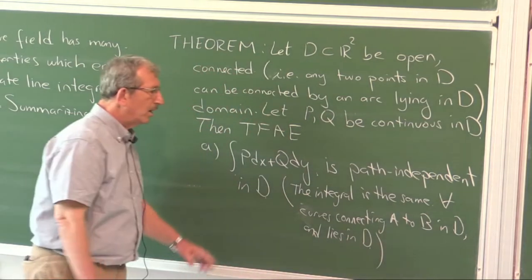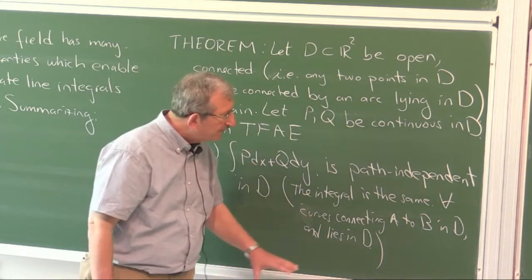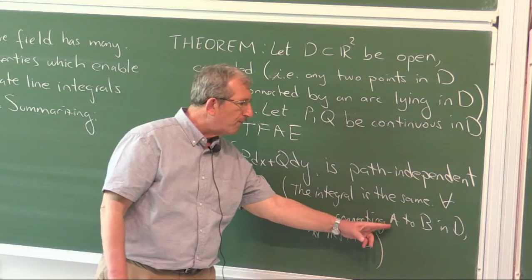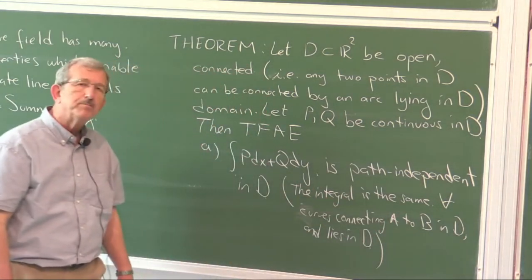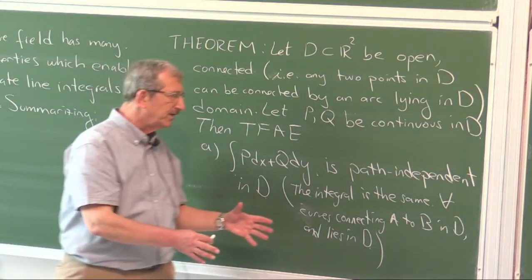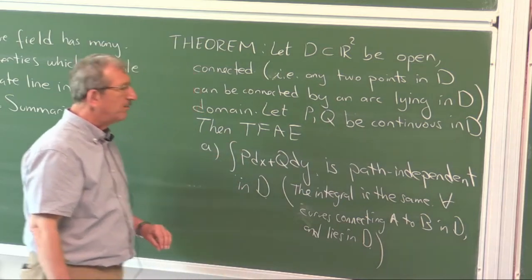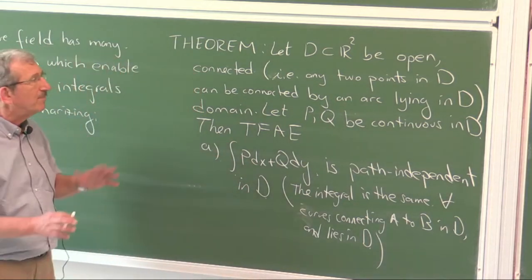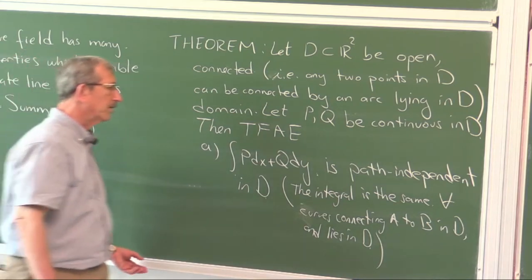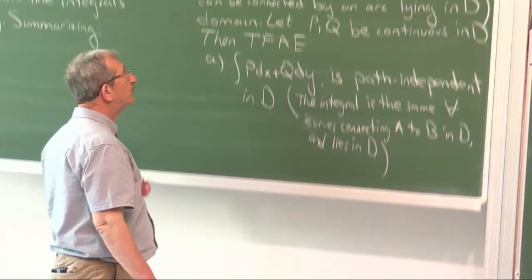So it doesn't make any difference how you go from point A to point B, as long as the curve is in D, and these are points from D, the integral is the same for all such curves. It doesn't depend on the curve. So this is one property.